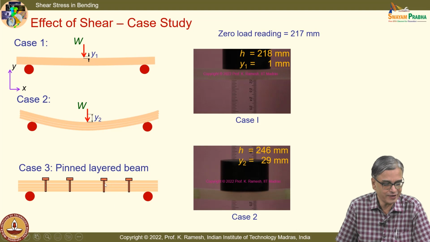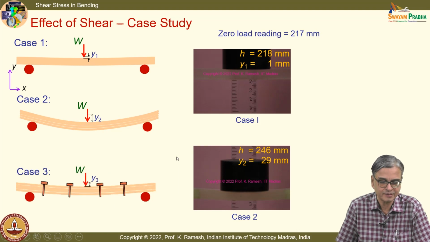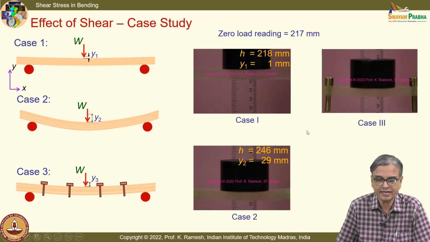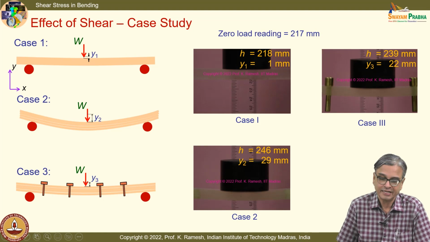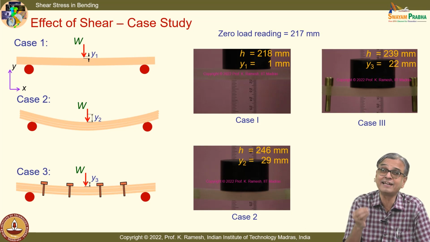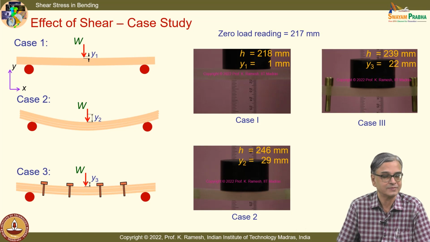Let us see, if I pin them, what happens? That means I am restraining it. Okay. And when you find this, the deflection is 239 millimeter. These are all very carefully done photography, because if you look at this, it's not just the figure that is shown, you also see the reading from the scale to convince you.